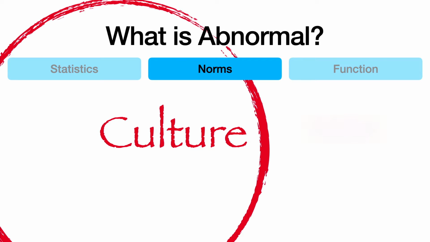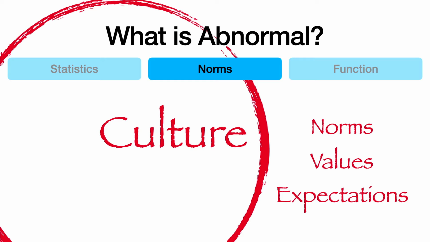Those violations can be violations of norms themselves, normal behavior, expectations of values, what you think is important and not important, and then expectations. And these expectations are going to relate to function in just a little bit, but expectations are the behaviors of individuals within a culture, let's say a group, that allow them to operate efficiently.